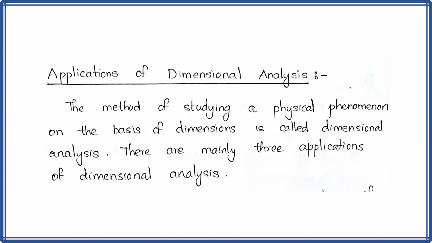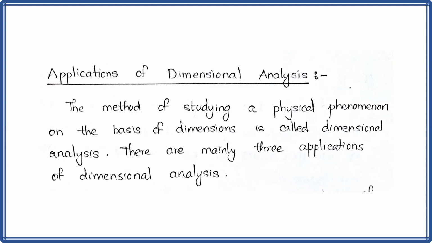The method of studying a physical phenomenon on the basis of dimensions is called dimensional analysis. If we are studying a physical phenomenon on the basis of the dimensional formula, then we call it dimensional analysis.